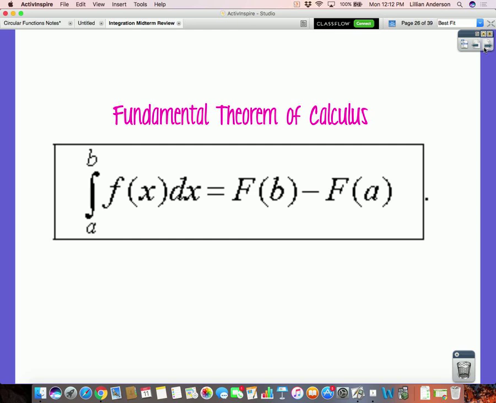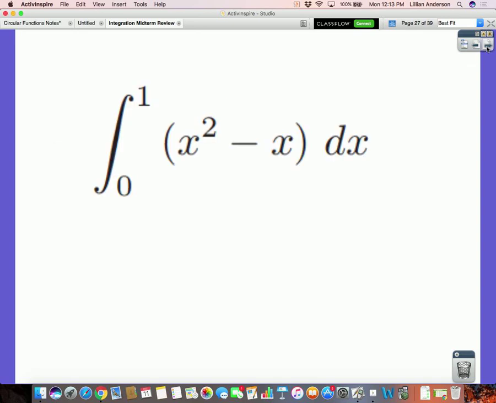This is how you evaluate definite integrals whenever you have your bounds. Take the antiderivative, plug in the top, plug in the bottom, and then subtract them from each other. So in this case, what's the antiderivative? 1/3 x to the third minus 1/2 x squared.